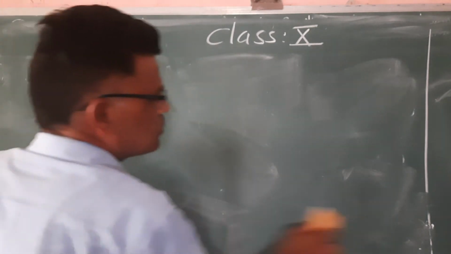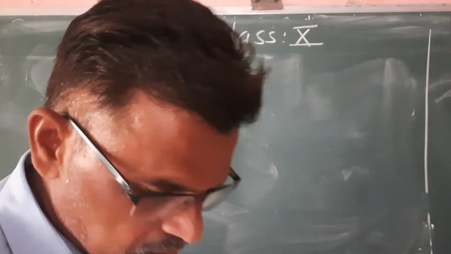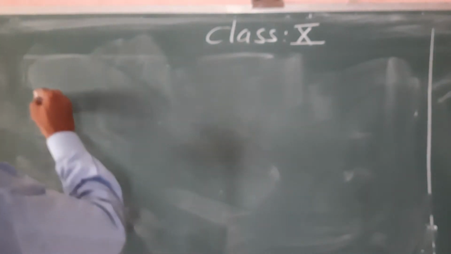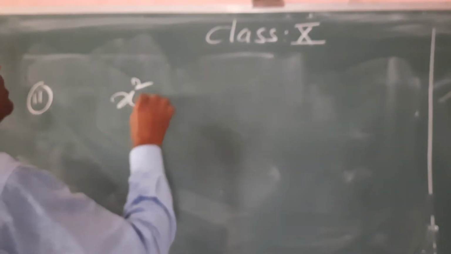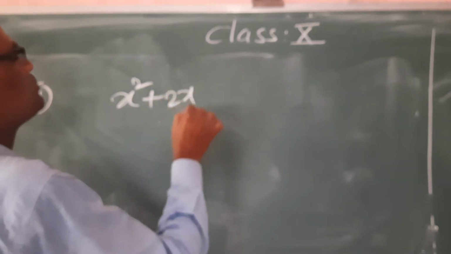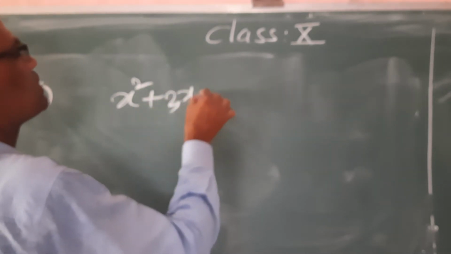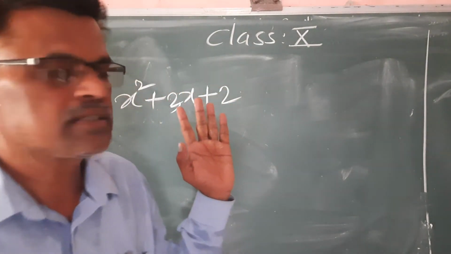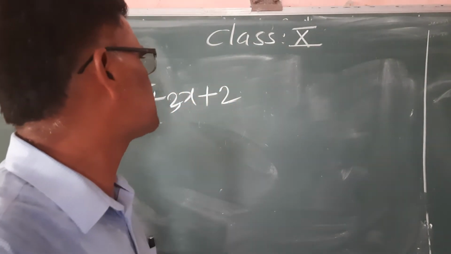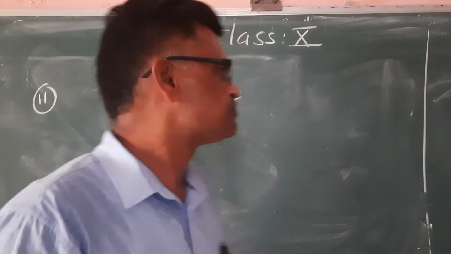Next, we will take another example, that is x square plus 3x plus 2. Let p of x be x square plus 3x plus 2.